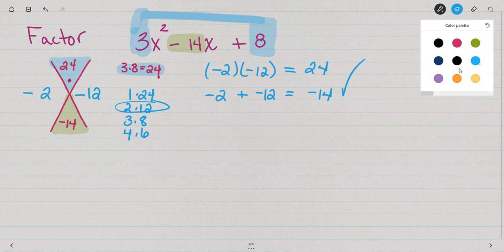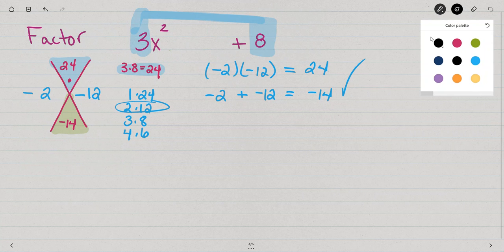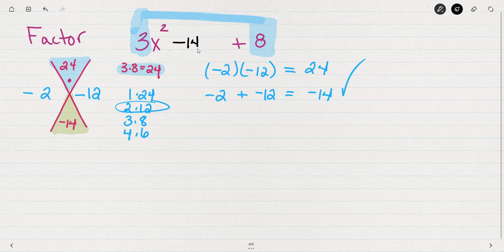To use the chart, I'm going to break this negative 14x into two pieces. I'm going to break it up into a negative 2x and a negative 12x.